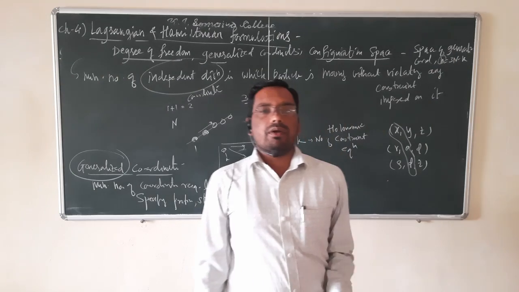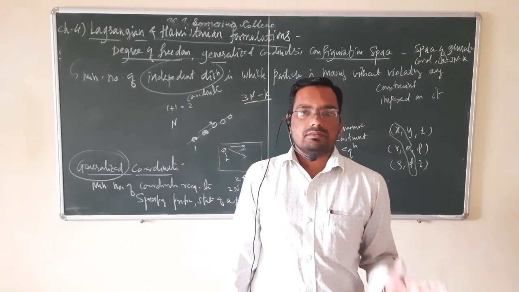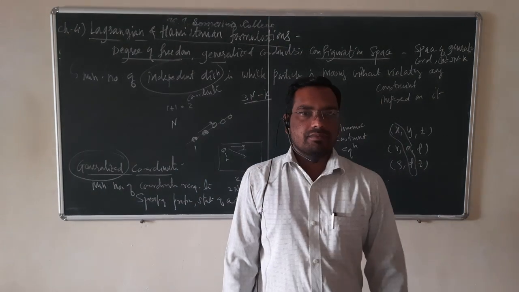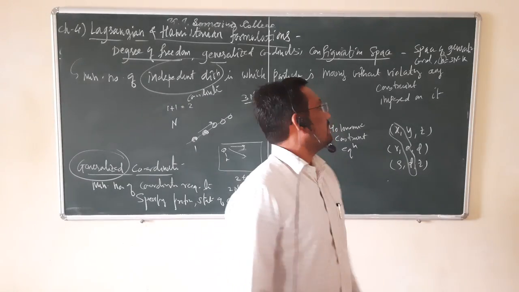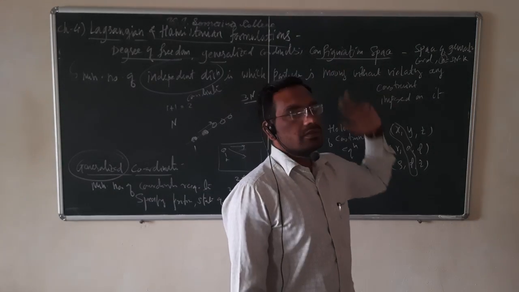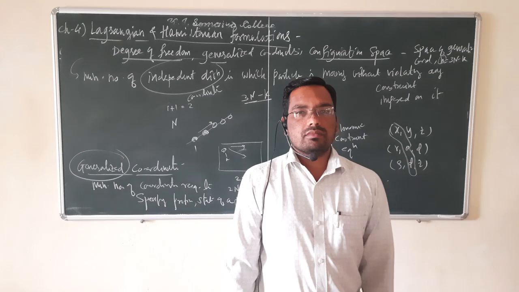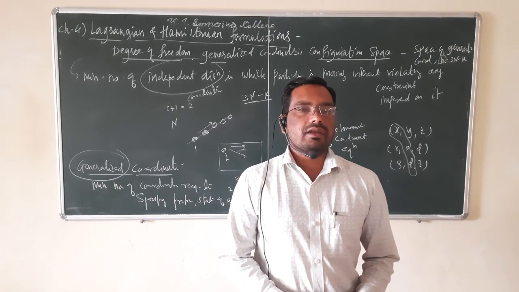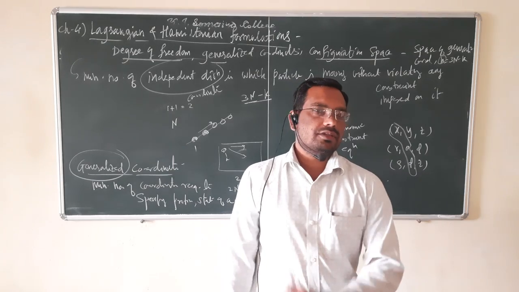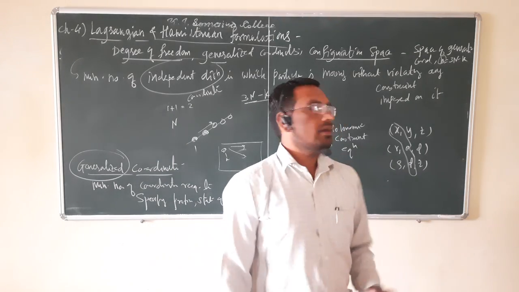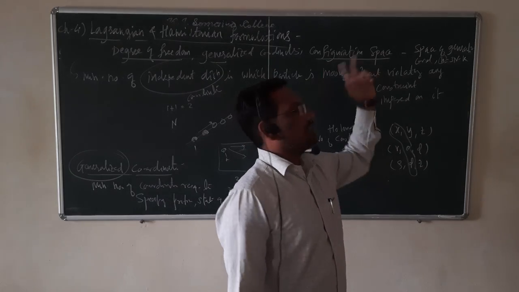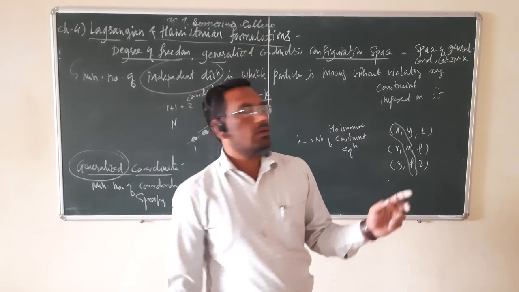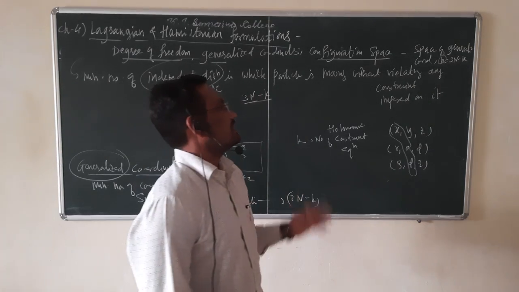If we have 6 degrees of freedom and 6 generalized coordinates, then configuration space is 6 dimensional, not 3 dimensional. Or if you have 9 degrees of freedom, or 9 generalized coordinates are required to specify position, then configuration space is 9 dimensional. So depending on degrees of freedom, configuration space is defined.